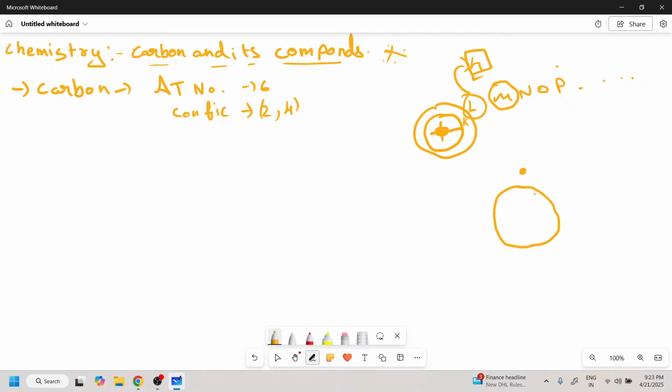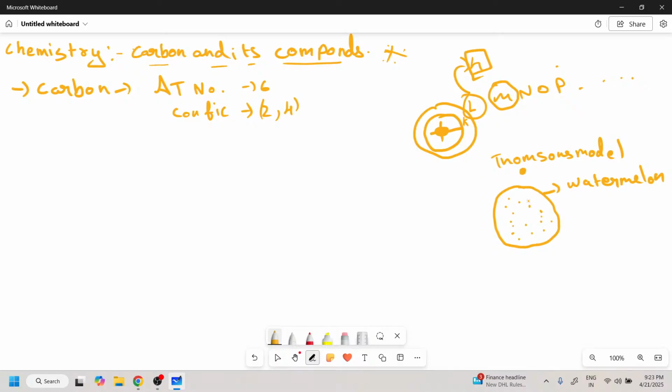So if I'm going through Thomson's model, what you come across is that this is an example of a watermelon. When you're seeing the example of Thomson's model, you are coming across the watermelon, which has seeds in it.